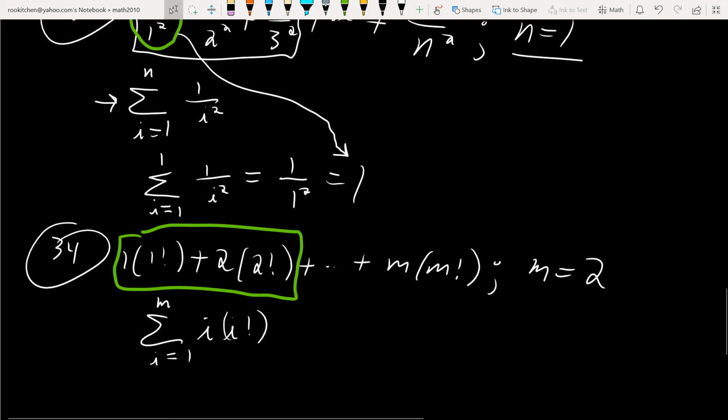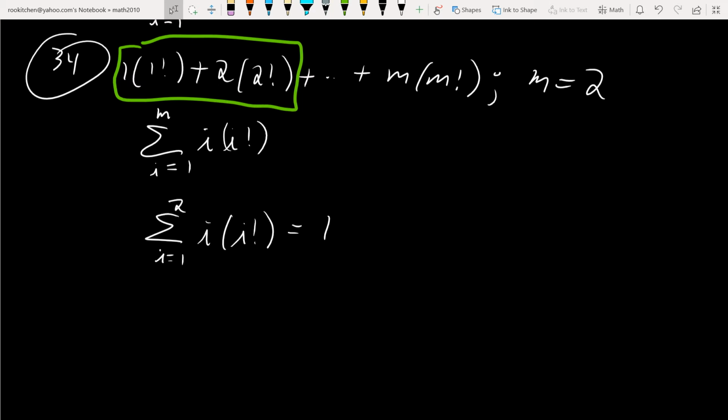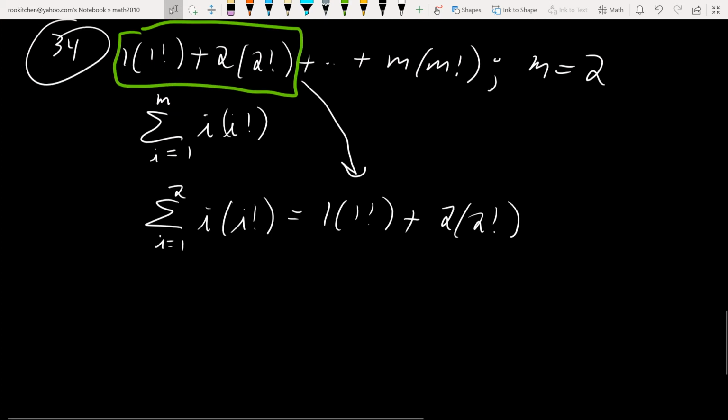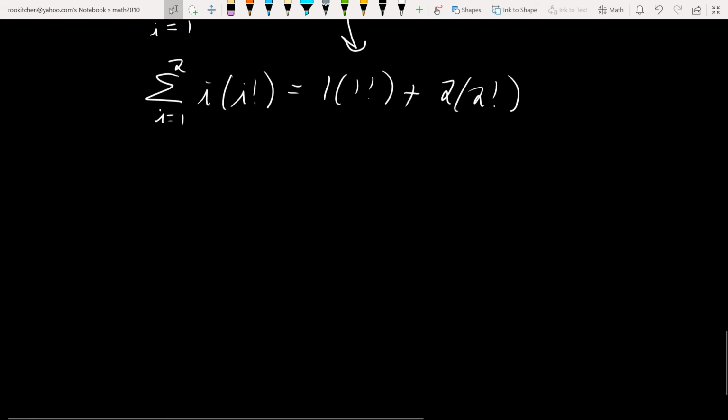And in particular, we want m equals 2, so you can write the sum i equals 1 to 2 of i times i factorial, which will be plug in 1 and then plug in 2. And it is what we thought, right? It is just that exact same thing. Okie dokie. So that's important for induction, and we'll get to induction later in this chapter.